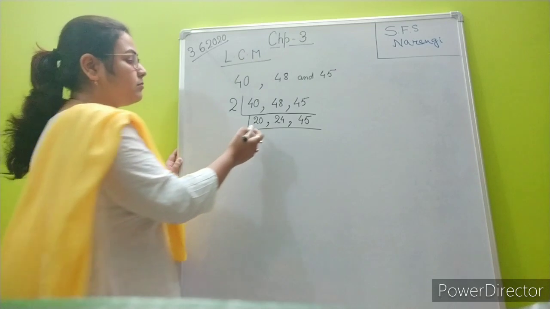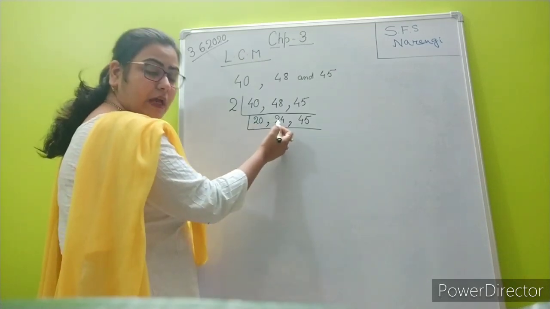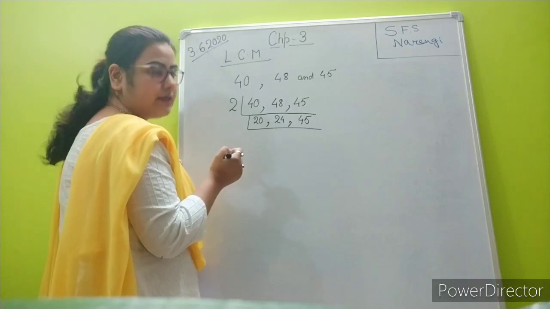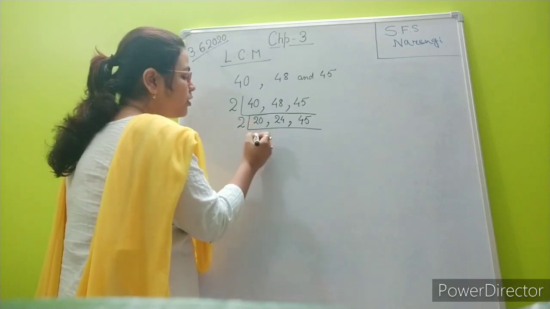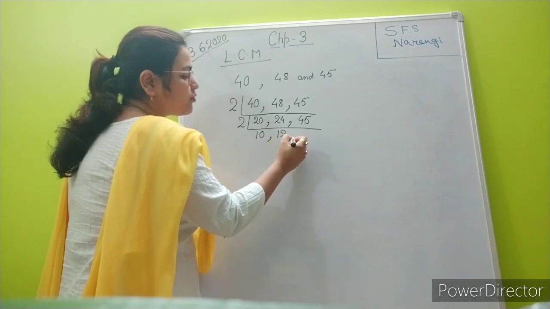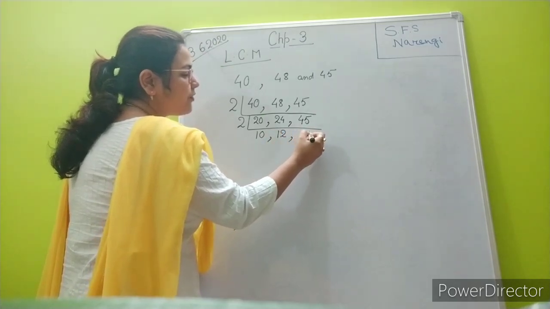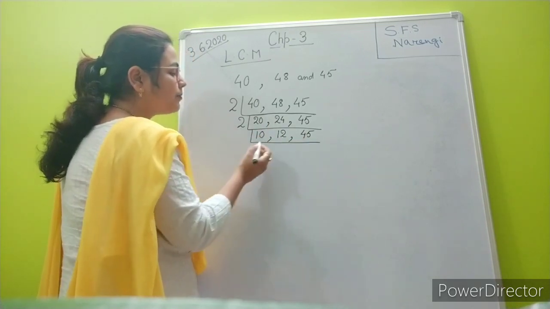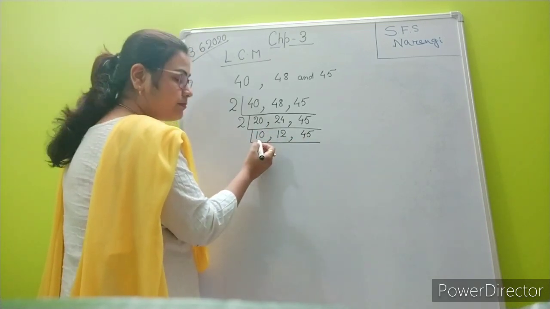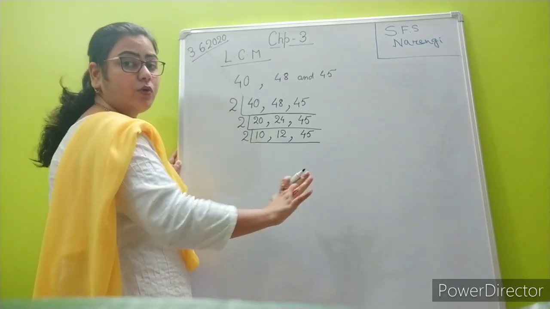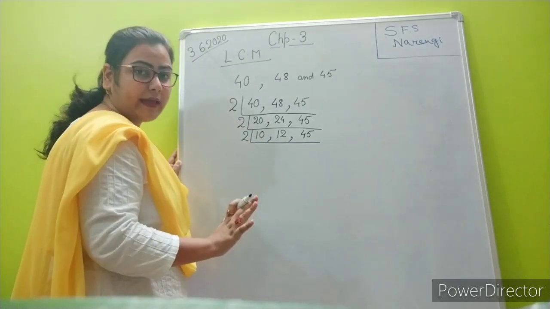Now again, divisible by 2, divisible by 2, not divisible by 2. So are we going to divide? Yes. So 2 10s are 20, 2 12s are 24, 45 remains as it is. Now this one is divisible by 2 again. So till the time we finish all of 2, we are not going to move to any other number.